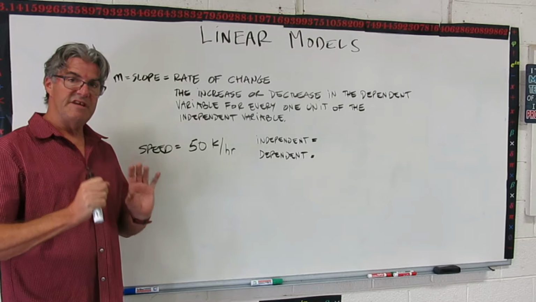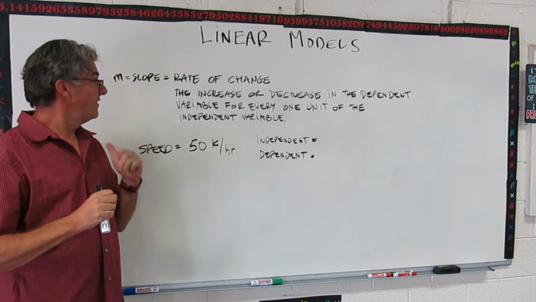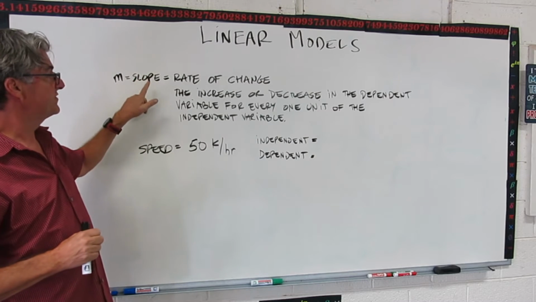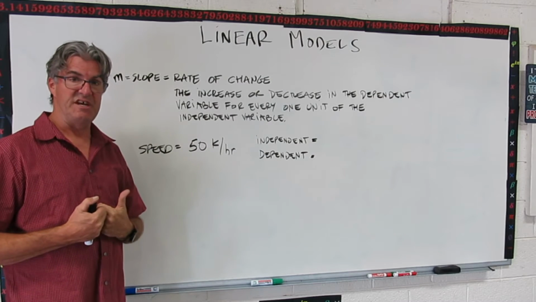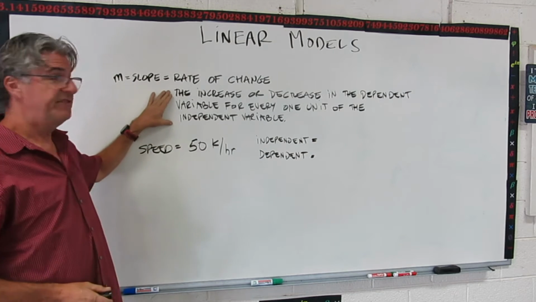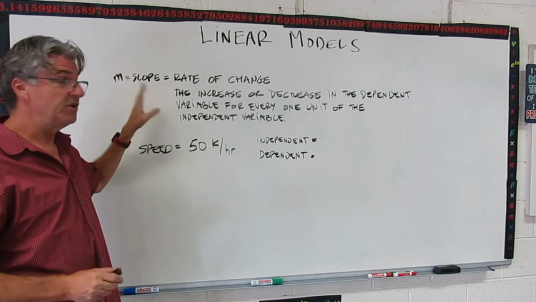Okay, let's take a closer look at that slope, the m, which we're going to really jump into what it means to be a rate of change. So here is kind of a wordy definition of the rate of change. Let's go over it.